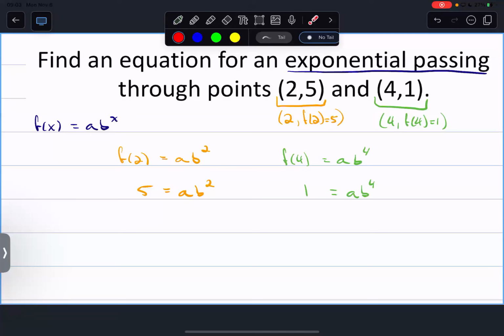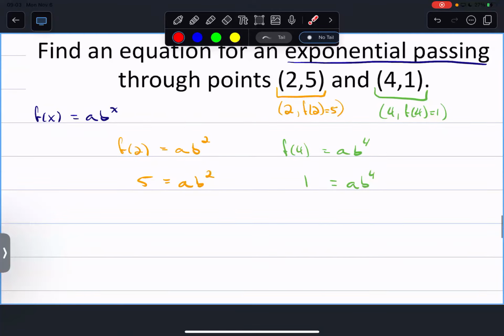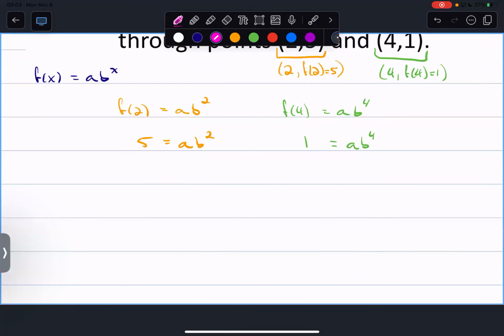This A has to be the same as this A, and this B has to be the same as this B, right? Otherwise, they're not the same function. Okay? And so here, let's just make a note here. These A and B must be the same.